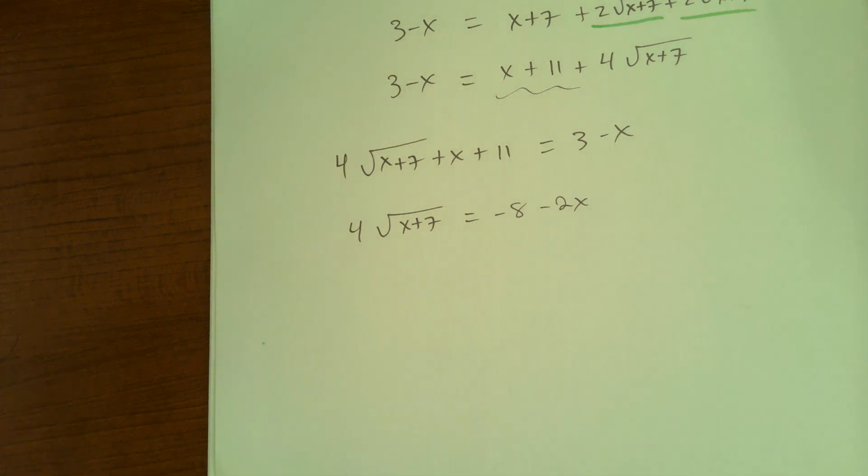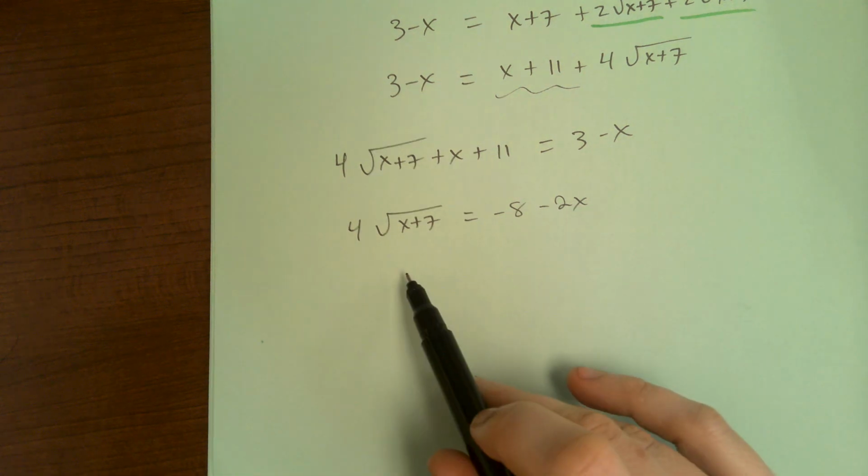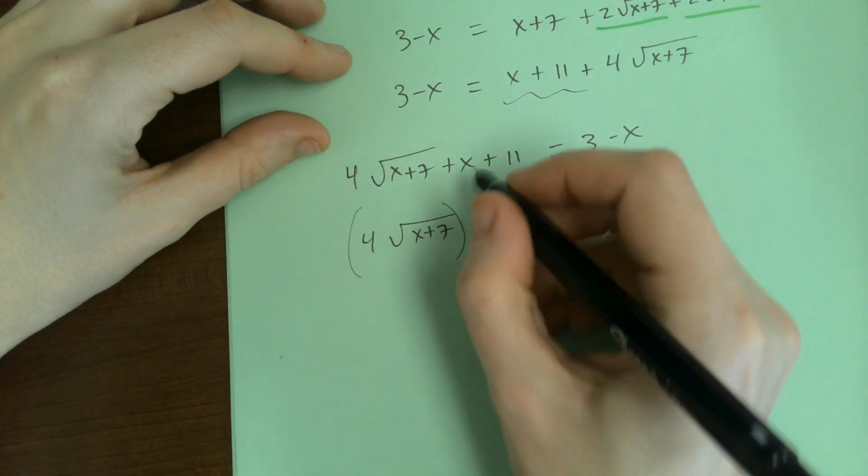That might be a good idea. But if you do that, you're going to have a fraction, which might throw some people off. So if you notice that dividing would give you a fraction and you think that's not going to work for you, then you can square both sides from right here.